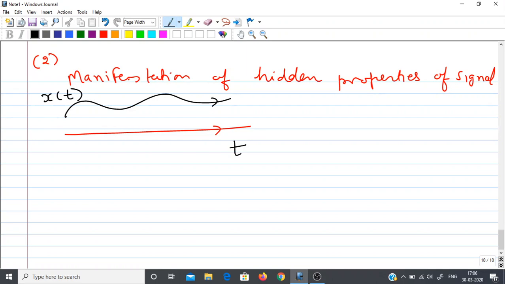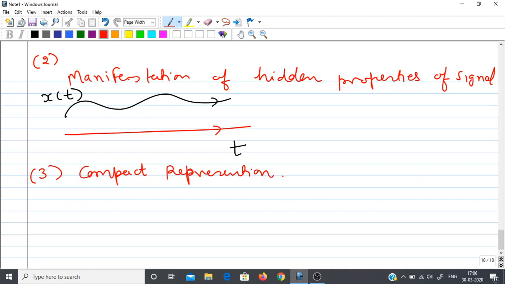And the third reason, which is very important, is compact representation of the signal. Third reason is compact representation. Now, what do we mean by the compact representation? To represent the signal, we need some values or some coefficients.